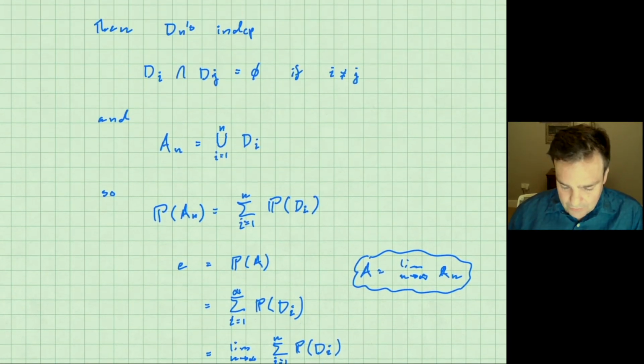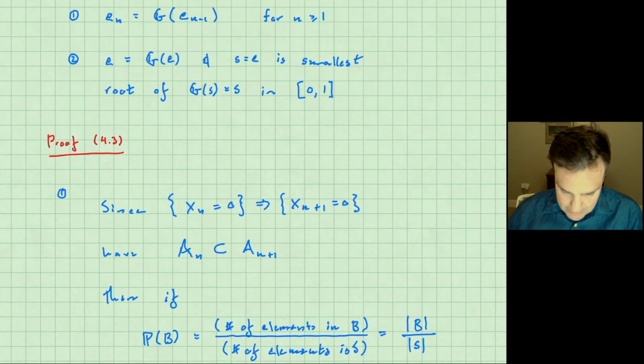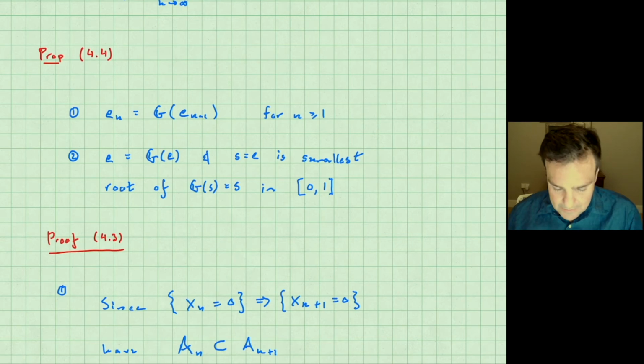Okay, and so let's go back and look at the proposition and see what the other half was. Where are you? Here you are. Okay, so we've just shown this guy. And the last one we want to show is a little more tricky.